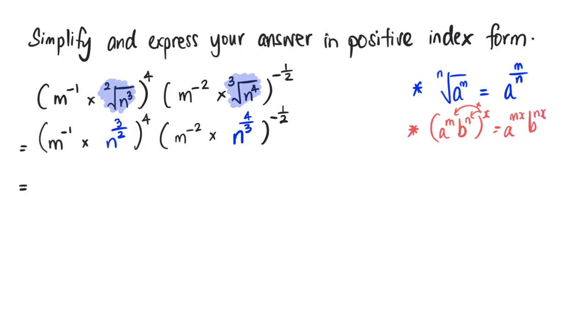So in this case here, you will see the next answer will be, all the powers, I will multiply them. Okay, so this one m will be to the power of -4, n will be to the power of 3 over 2 times 4. That will give me power 6.